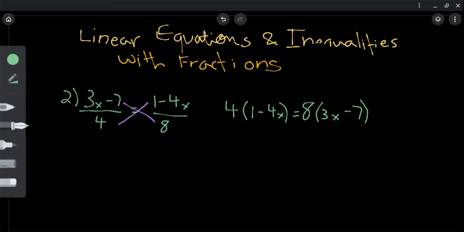Lovely. So now we've cross multiplied and it's no longer a fraction.